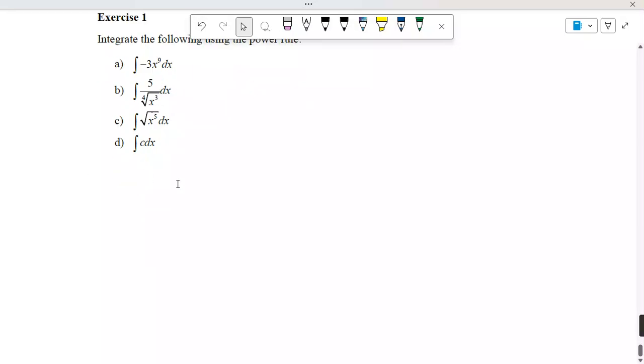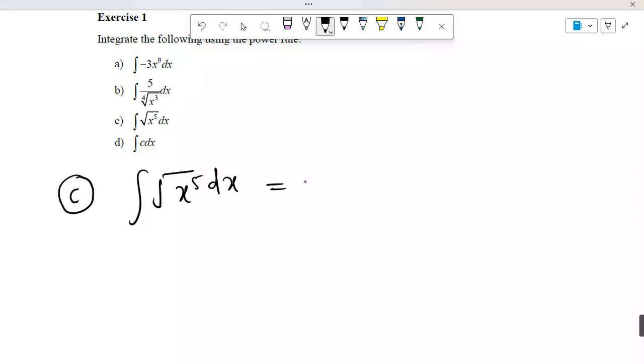So we go to part c. Okay, so part c is quite simple. So you have the root of x to the power 5 dx. So you rewrite this, those who remember. So you write x. Where is the denominator?